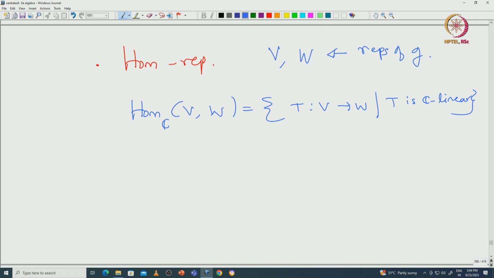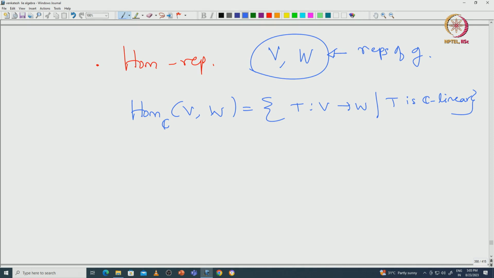Again, we know lots of information about this Hom space. For example, one can construct a basis of this Hom space using the bases of V and W. I will let you think about all this. Now, how are we going to define the action of G on this Hom(V, W) using the action of G on V and W?